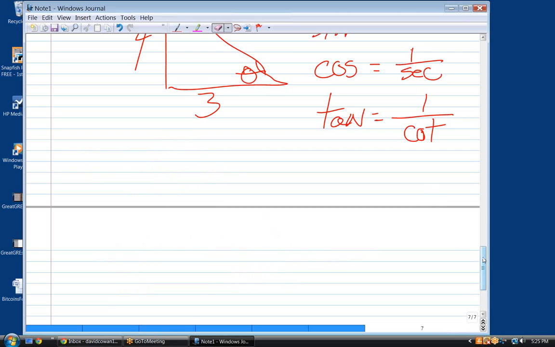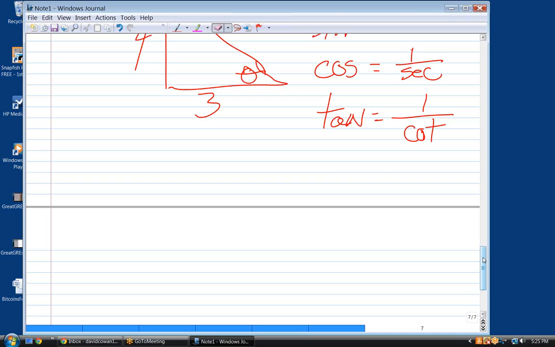One of the reasons you tend to switch to radians once you get to trig: you'll be half in degrees, half in radians throughout trigonometry. But once you get to calculus, it all goes to radians, because the derivatives of your trig functions only work if the angles are in radians, not degrees.